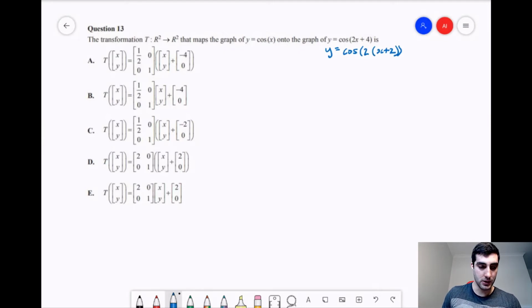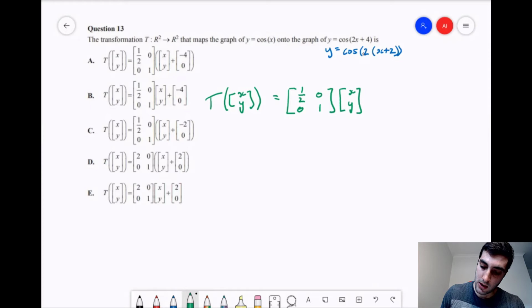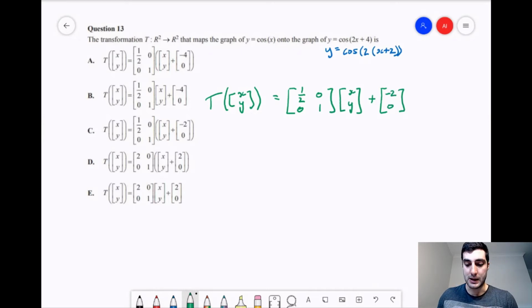So we can say that the transformation T of (x, y) can be expressed as: this 2 here is a dilation of factor a half in the x direction, so that's expressed as a half in that position. There's no dilation in the y direction, so that stays as 1. Then we'd have a translation of 2 units left, which can be expressed as minus 2. So this would be an acceptable order of transformations.